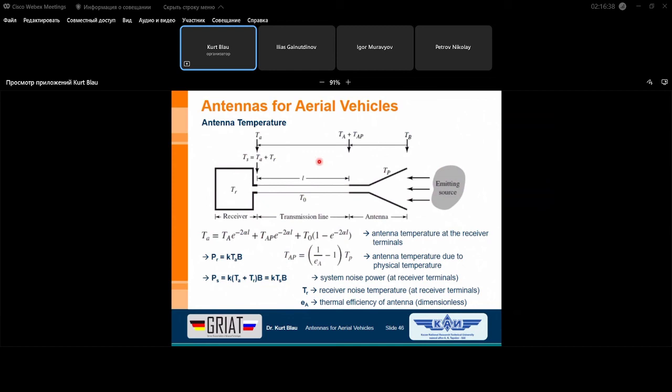We will make it as a discussion between two engineers. I have a problem. I have antenna A and antenna B, and I have to make a transmission. And I ask you, please give me your ideas how to solve this problem. Yes, and we discuss and we try to find a solution between your knowledge and my knowledge.